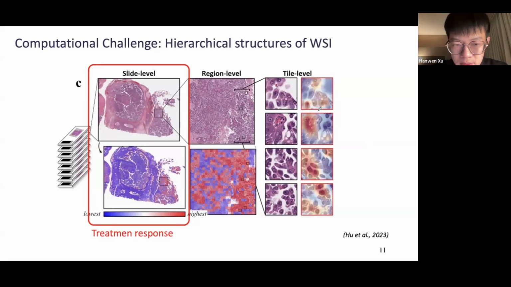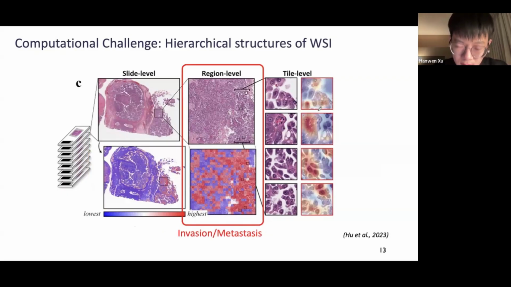To do that, the model needs to know which part is tumor, which part is normal tissue, which cells are lymphocytes, and how they are distributed. You cannot do this by simply looking at a small tile or small region of the histology image. The model needs to look at almost every region of the image to make more accurate predictions. So in this case, we need a slide-level model to do this kind of modeling.